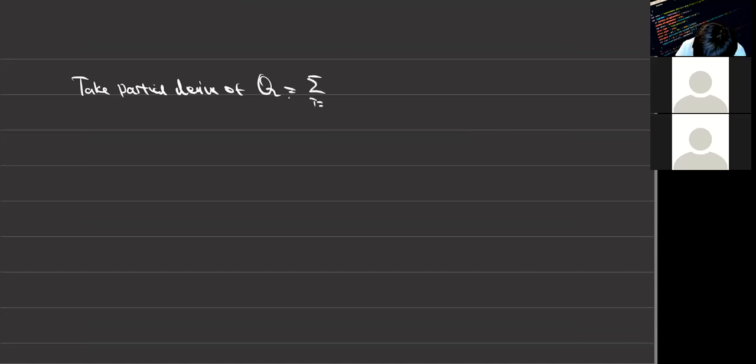of Q, which is what? Summation i from 1 to n, yi minus beta 0 minus beta 1 xi, squared. Okay, so here, take a partial derivative. So the first question is, with respect to what? Well, we have two parameters. So if we take a partial derivative, it's with respect to the first one, beta 0, and then the second one, beta 1. And you need to do both of them.